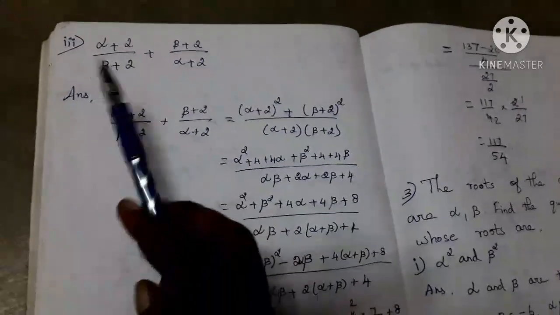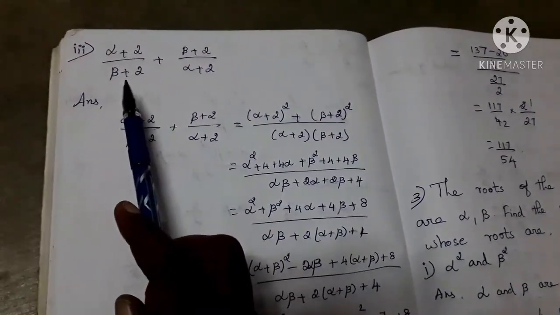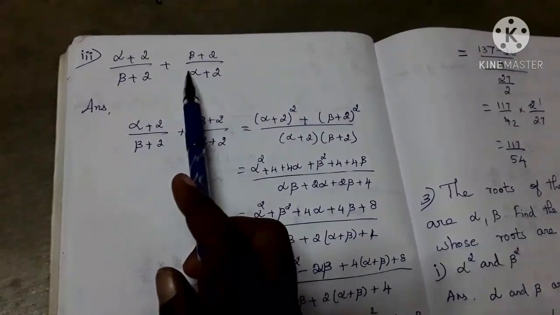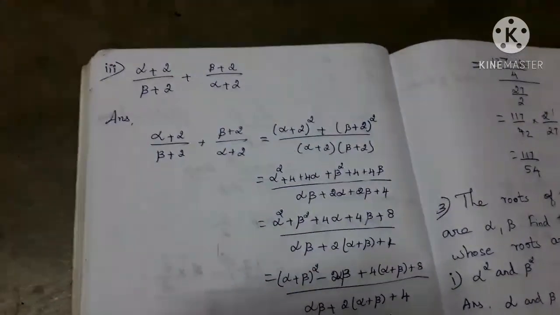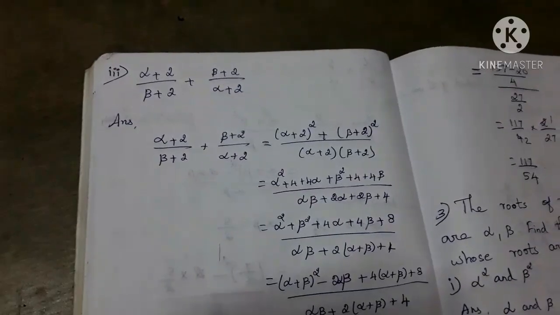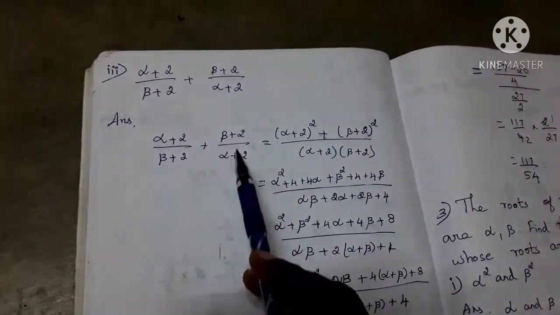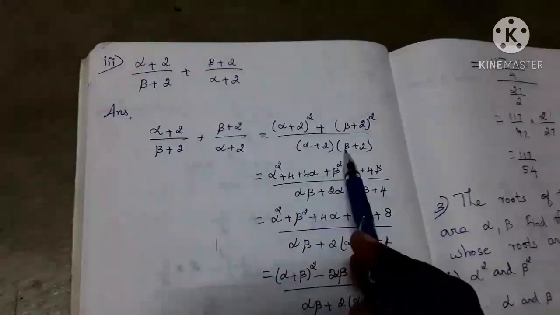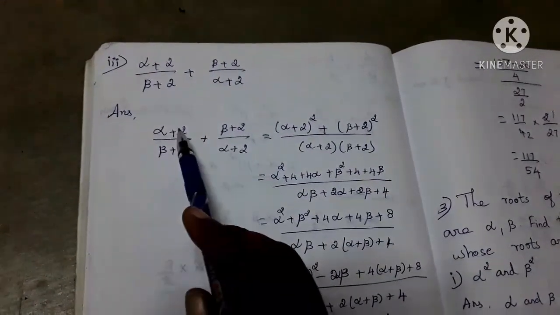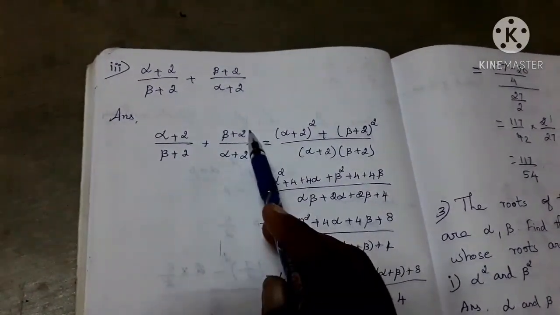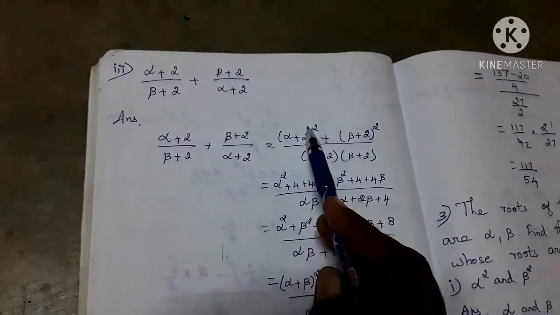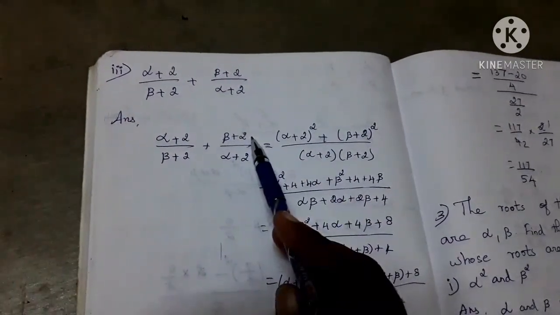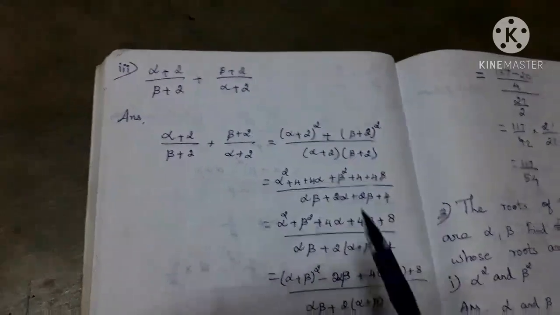The third question is alpha plus 2 divided by beta plus 2, plus beta plus 2 divided by alpha plus 2. We take the LCM: here we multiply by this, here by this. Multiplying alpha plus 2 twice makes it a square, and beta plus 2 into beta plus 2 is beta plus 2 the whole square.